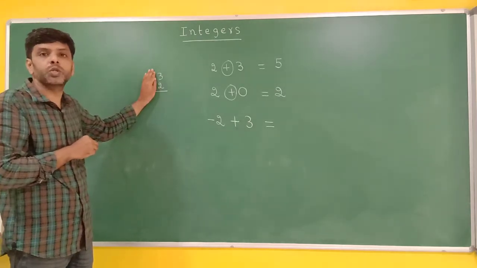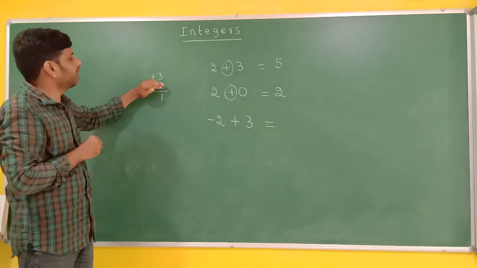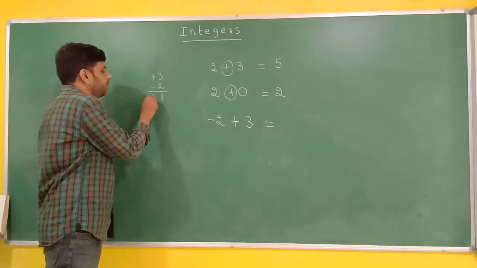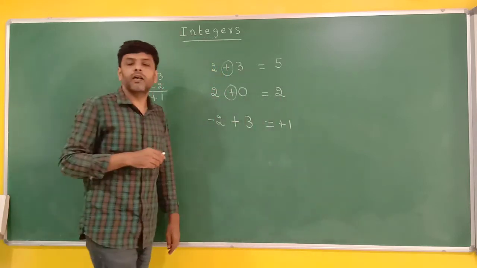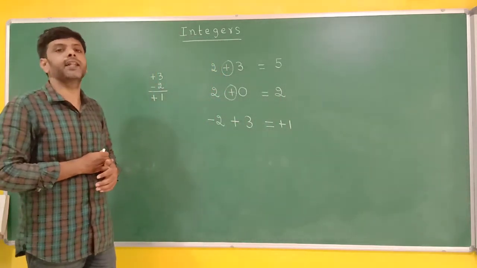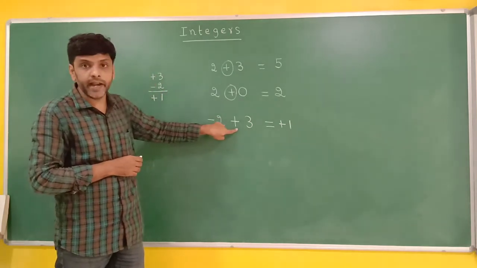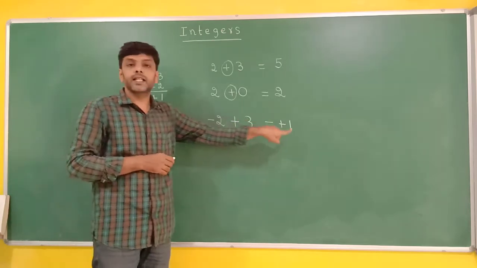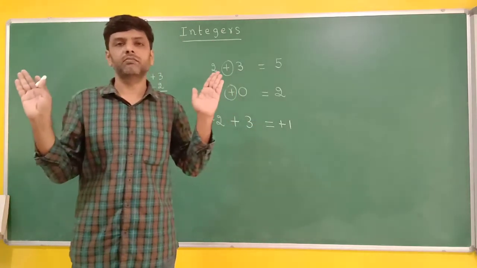What is 3 minus 2? 1. What is the sign of the bigger number? Plus. The answer also will be plus. So what can we tell? We can tell that when two integers are added, the sum is also an integer.